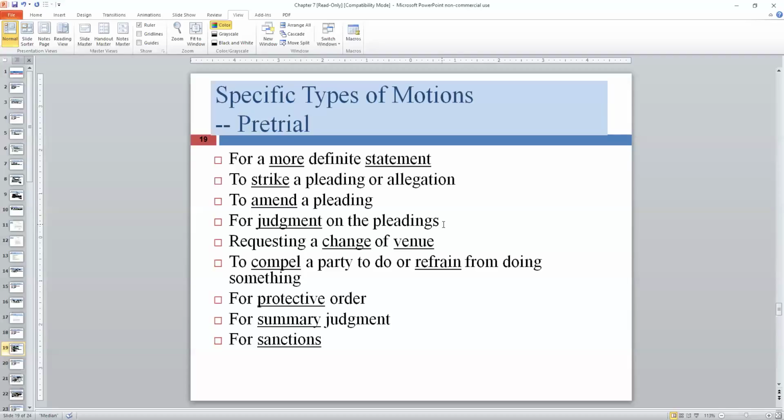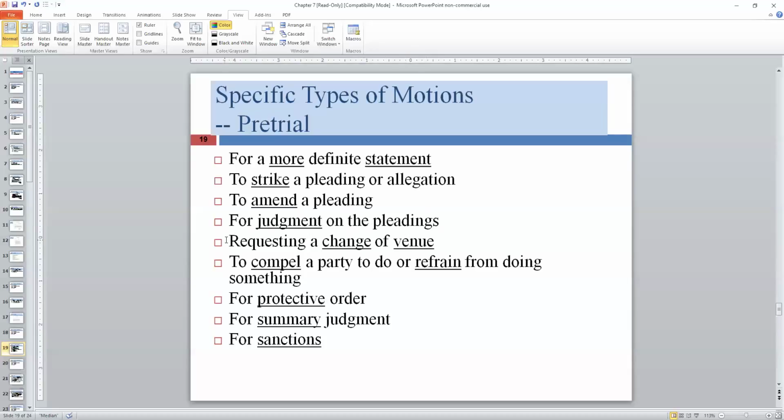As the law exists right now, he probably doesn't have a claim, but hopefully after this case, the law will have been expanded to cover this scenario. So those are the reasons why a motion for judgment on the pleadings can be appropriate.